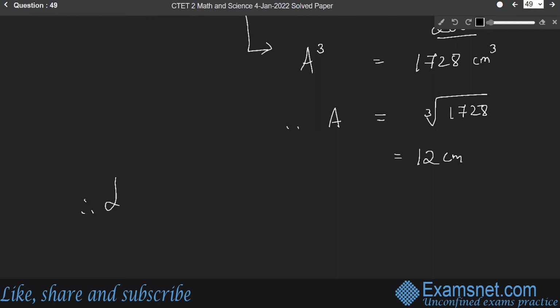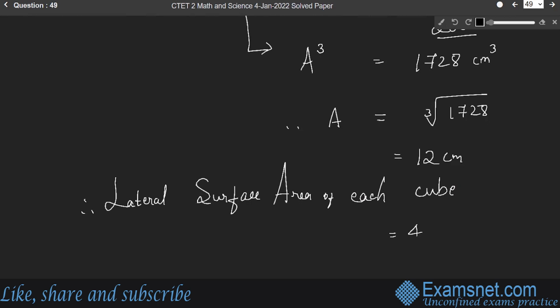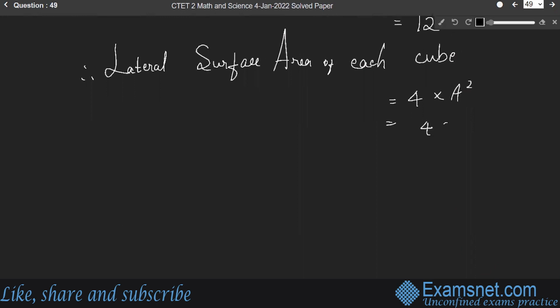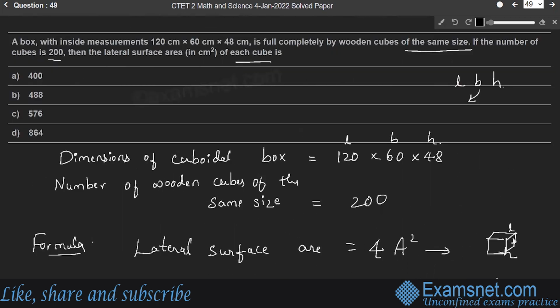Therefore, lateral surface area of each cube is equal to 4 into a square, that is 4 into 12 square, 576 centimeter square. Therefore, option C is the right answer.